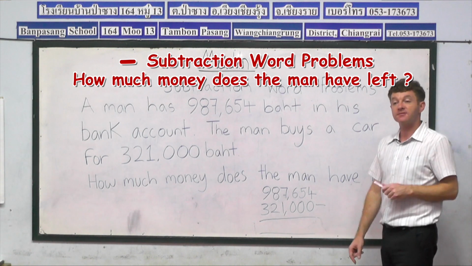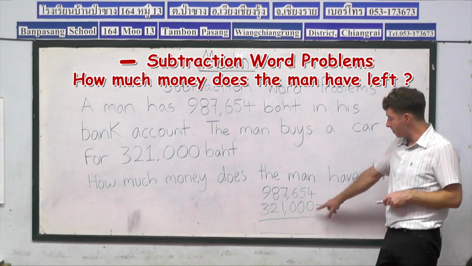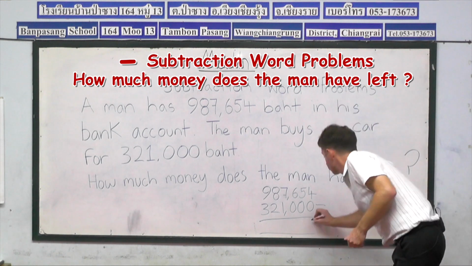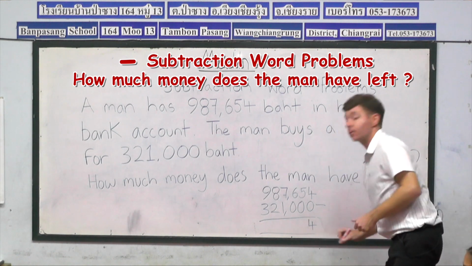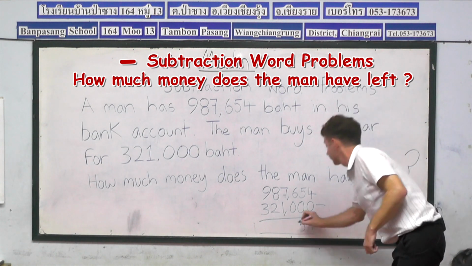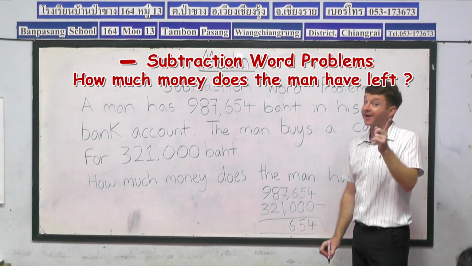So now, guys, let's do our word problem calculation together. 4 minus 0 equals 4. 5 minus 0 equals 5. 6 minus 0 equals 6. 7 minus 1 equals 6. But a comma.